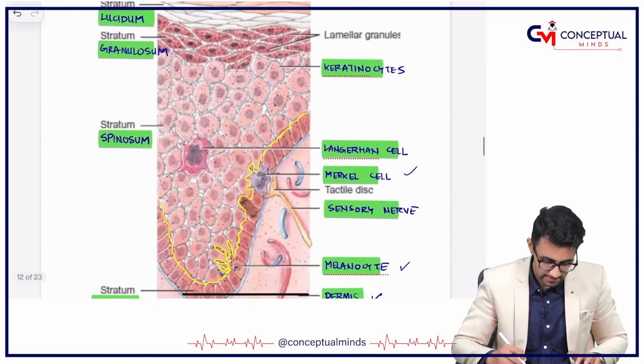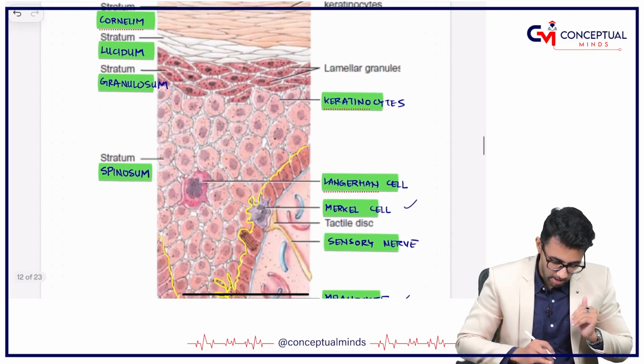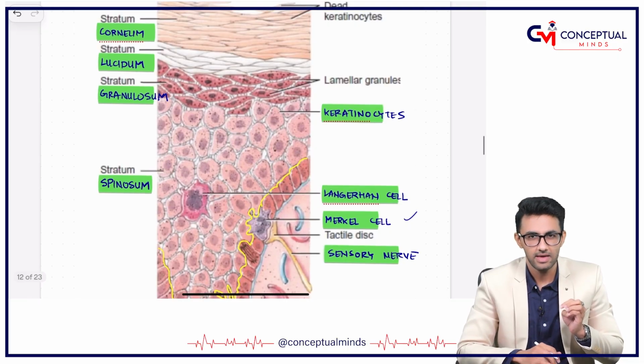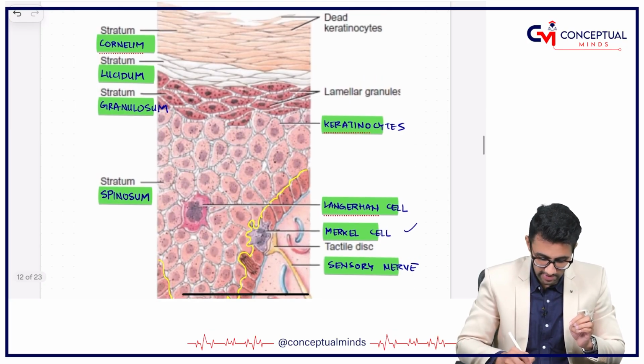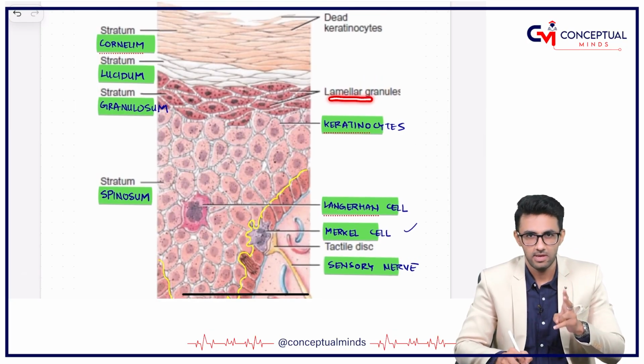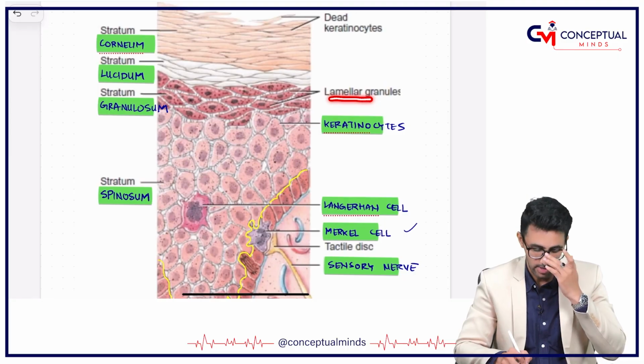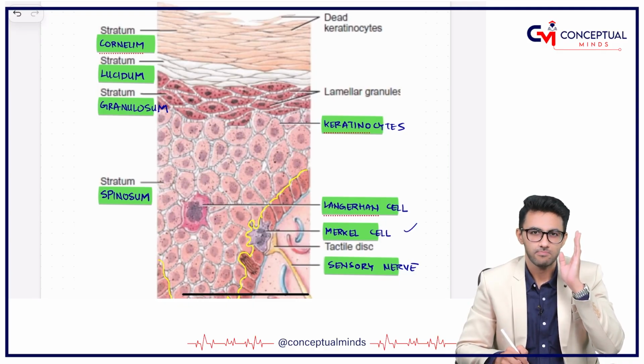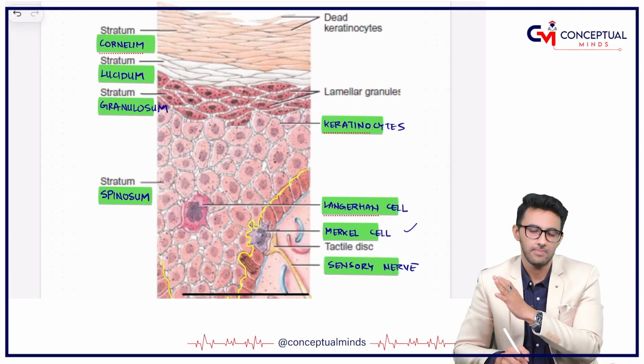Okay, fine. As we go ahead, the big strong guys, stratum granulosum. This was the layer where keratinization was occurring. Do you guys remember we read about the granules? These granules were responsible for giving us filaggrins and lipid molecules.